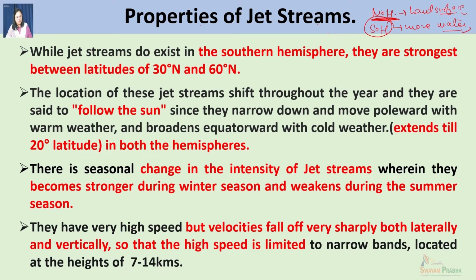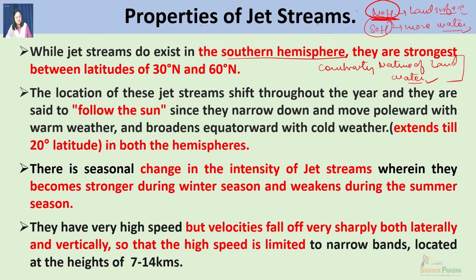Because of the contrasting nature of land and water surfaces and variation in their heating and cooling abilities, the temperature and pressure conditions are more contrasting and more extreme in the northern hemisphere as compared to the southern hemisphere, which has more area underwater and therefore more homogeneous conditions.